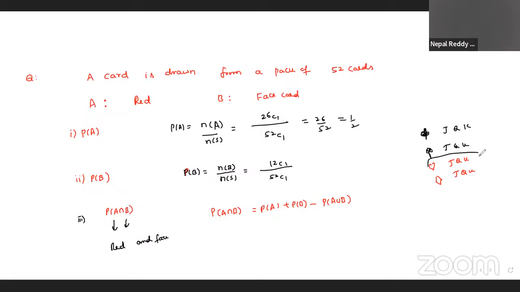Red face cards, total there are 6: J, Q, K. Total 6, right? So 6C1 in the numerator, 52C1 in the denominator. Therefore you can write 6 by 52. That is probability of A intersection B.